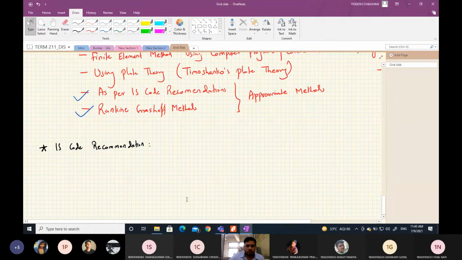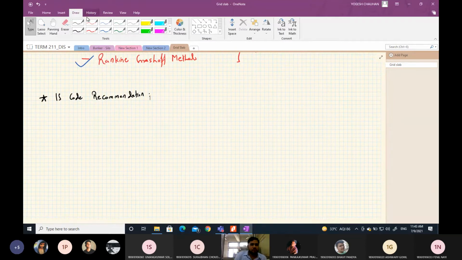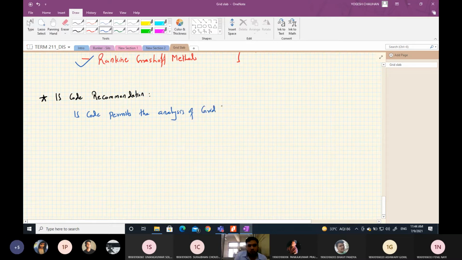Some of the important codal provisions are: the IS code permits the analysis of grid floors as solid slab, provided the following requirements are satisfied.